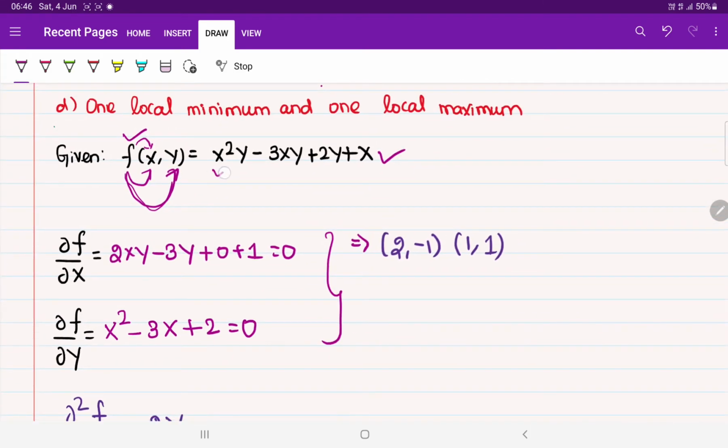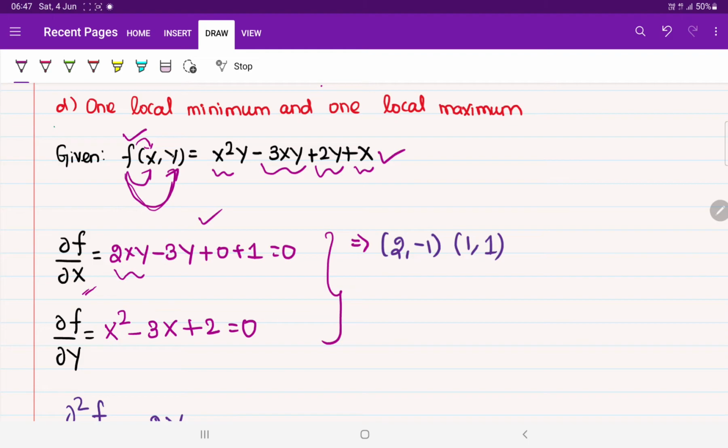If I differentiate with respect to x, it gives 2xy minus 3y, since x becomes 1. The 2y becomes 0 because we are differentiating with respect to x. After that, the value of x gives 1.